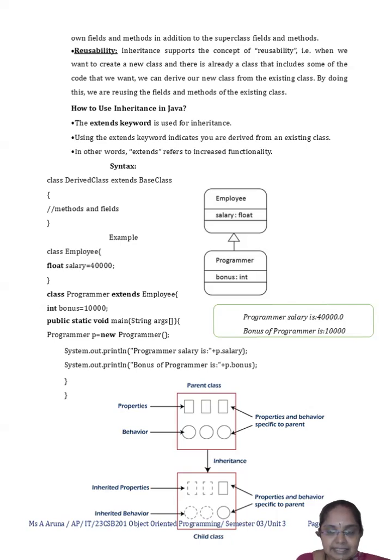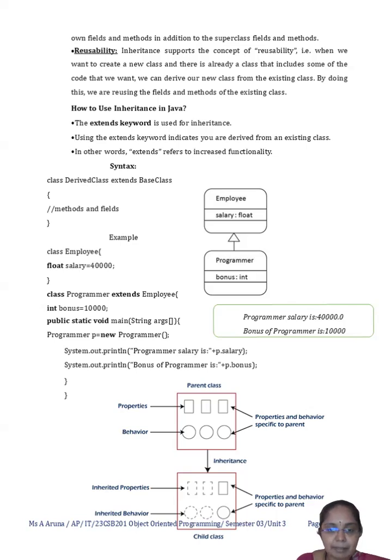Here the class Employee is my parent class, and I have declared salary as a float variable. I have created a child class, the derived class named Programmer. By using the extends keyword, I extend my parent class, whose name is Employee. Inside it, I have defined the bonus.